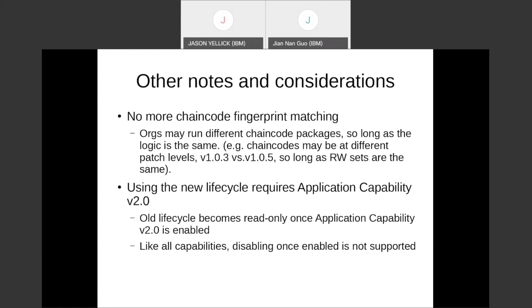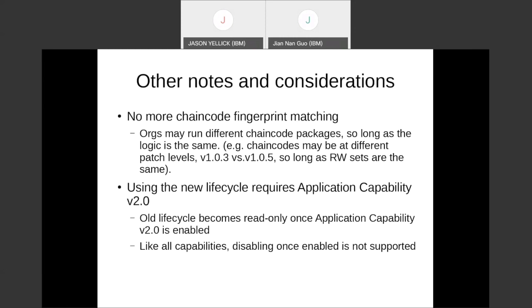You should be able to do this essentially without downtime, because the old chain codes do continue to work. But once this capability is on, the old lifecycle is no longer an option for modifications. And finally, just in case anyone's immediate thought was, oh, let's turn off the capability to get the old lifecycle writable again.